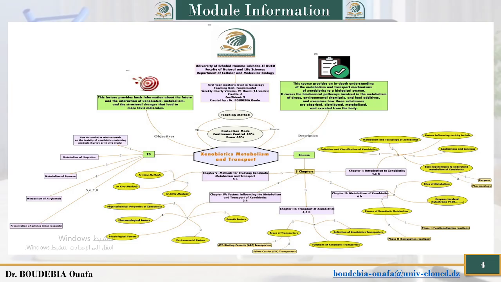In the third chapter, we examine the transport mechanisms of xenobiotics, and the fourth chapter addresses the various factors that influence metabolism and transport of xenobiotics. And the final chapter introduces the experimental techniques used to study xenobiotics behavior.